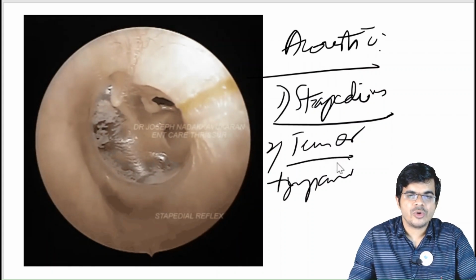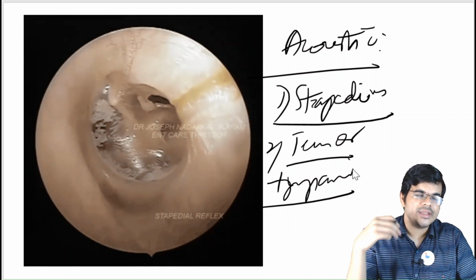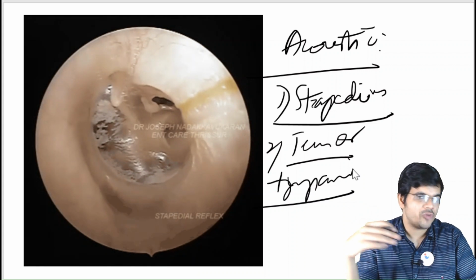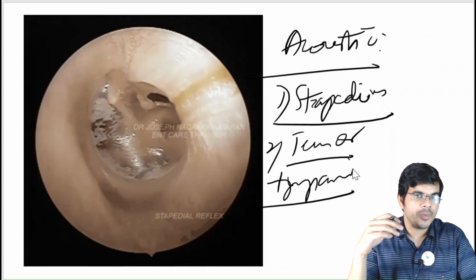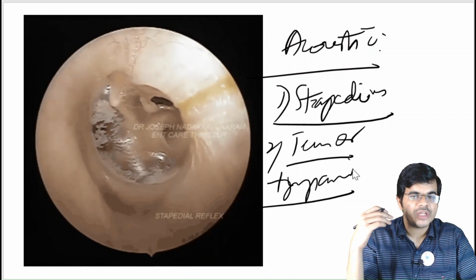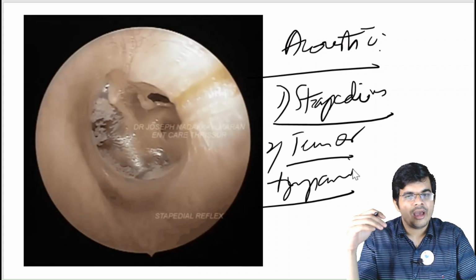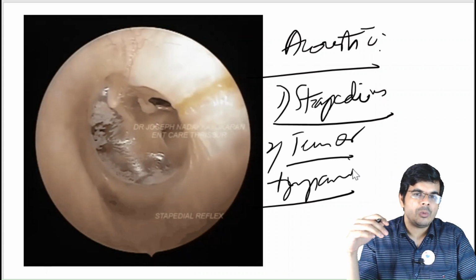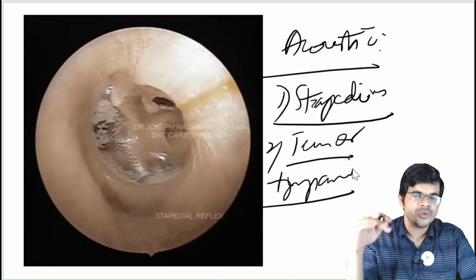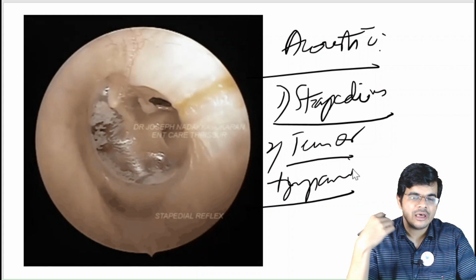So what happens when the stapedius muscle is damaged, or when there is any damage to the facial nerve and the nerve to stapedius is no longer functional? There will be hyperacusis. This hyperacusis occurs because of the damage to the nerve to stapedius, since the stapedius muscle contributes to dampening the sound waves reaching the ear.